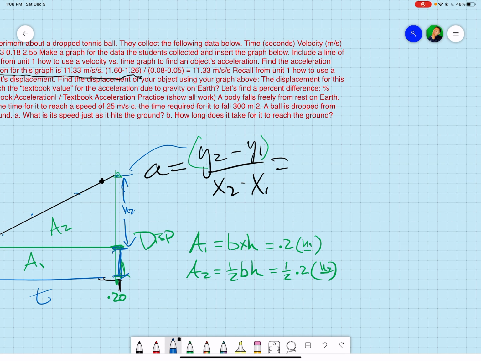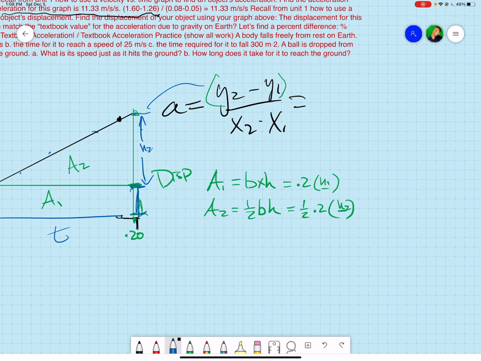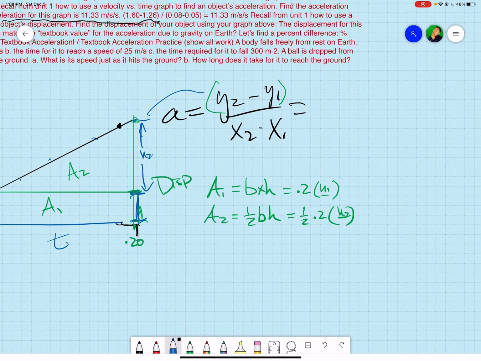Now let's look at the other questions. You had to do percentage difference for gravity, and that was just going to be whatever your slope was that you got here, minus 9.8. Let's say you had 11.33, and I know we were talking about how those weren't with the line of best fit. If you did that minus 9.8, you would get a value a little less than 2. Then you would divide that value.